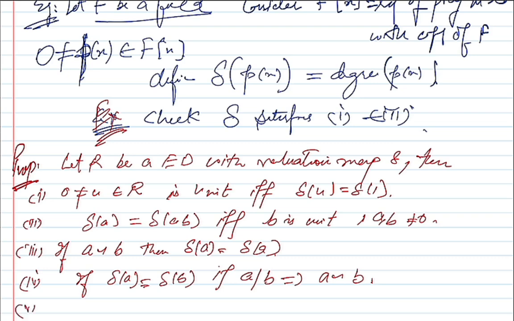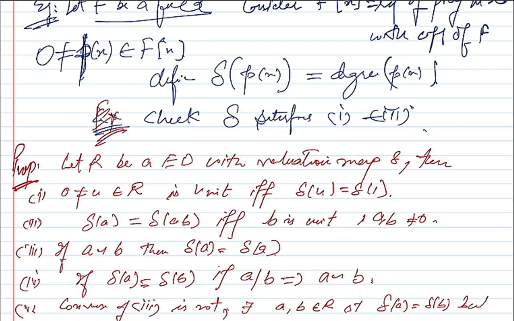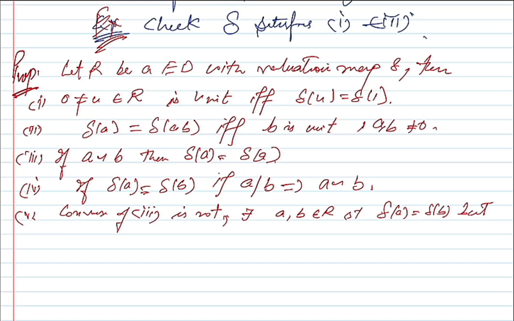Now fifth, the converse of 3 is not true. There exist A, B belonging to R such that delta A is equal to delta B, but A is not associated to B.